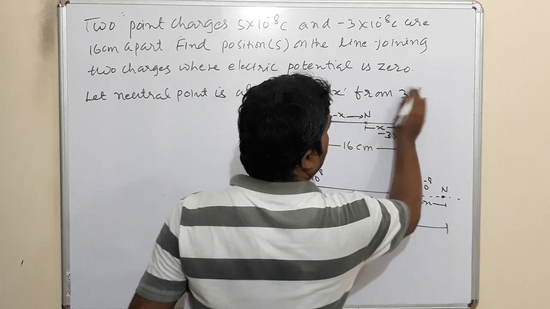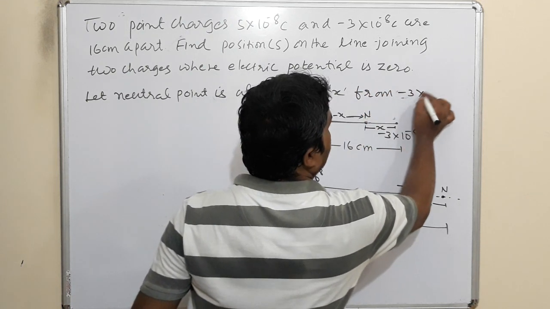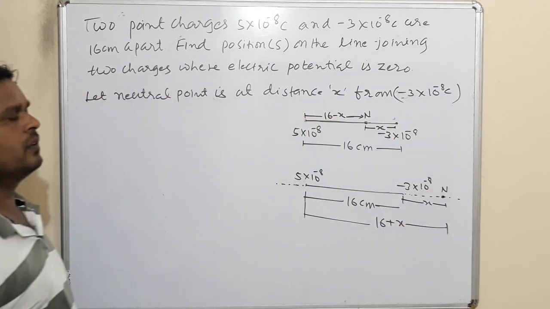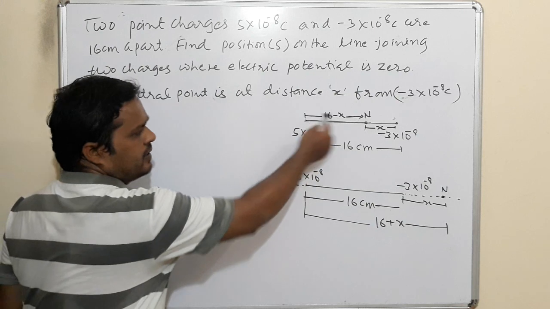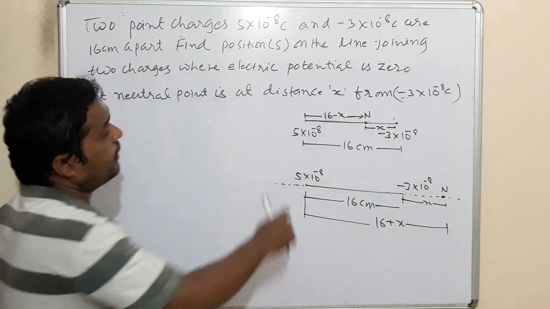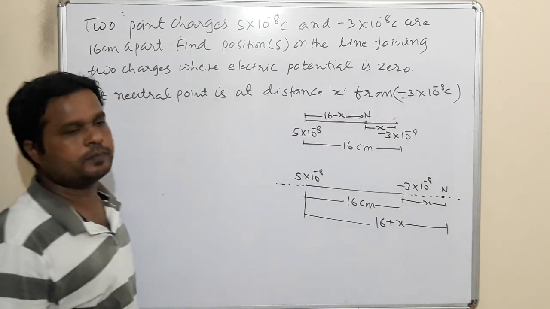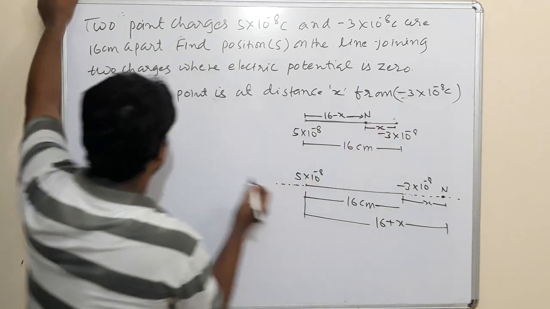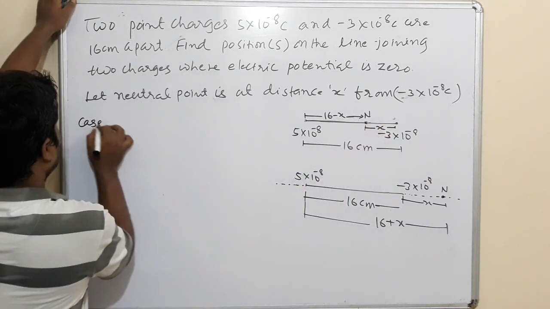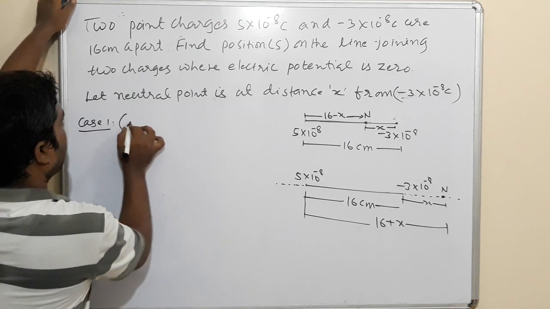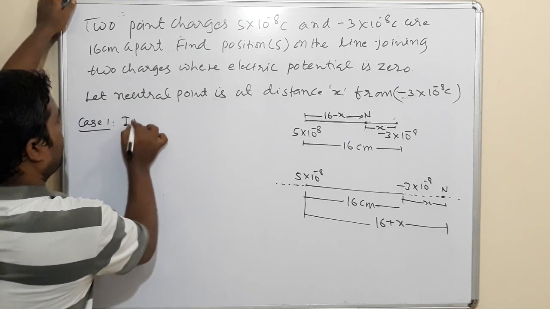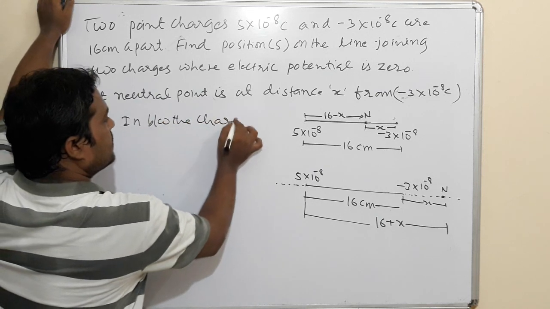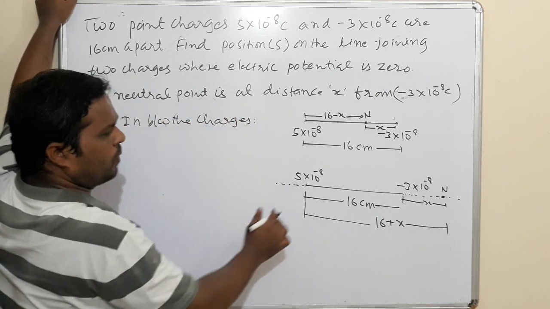From the minus 3 into 10 raised to minus 8 coulombs charge I am taking. You can take it at a distance x from the other charge also, but whatever you take, you should mention it in the question. Then, case 1, the neutral point existing in between the charges. Very simple problem.